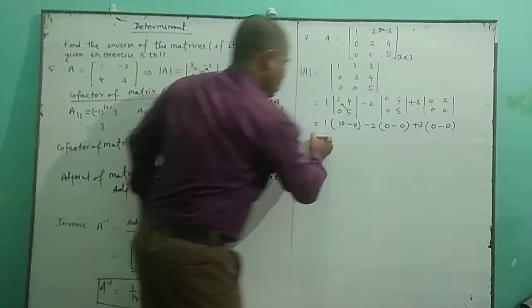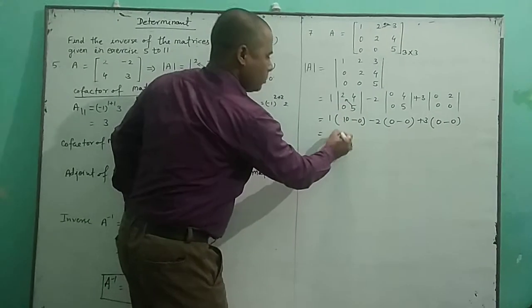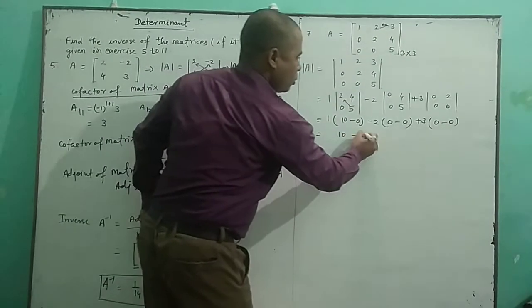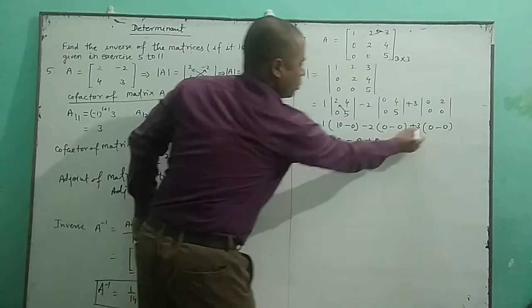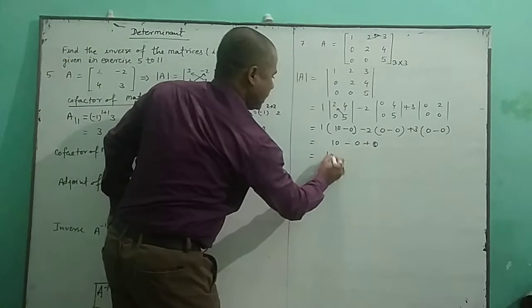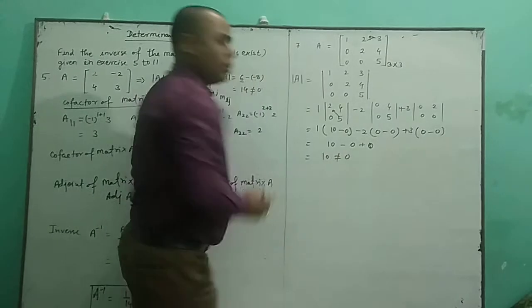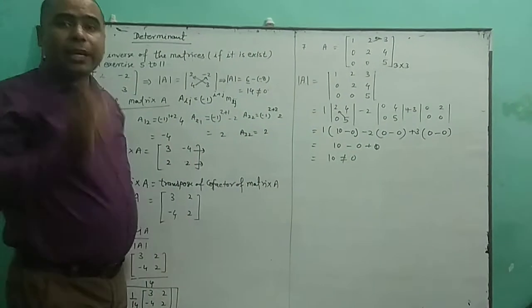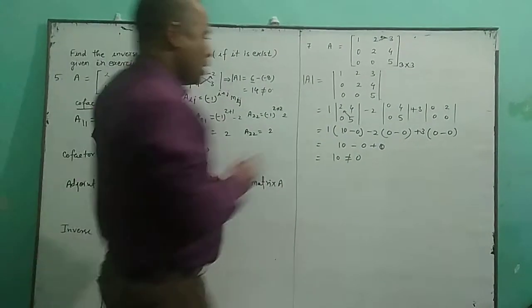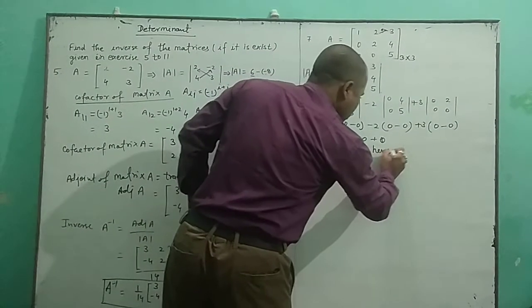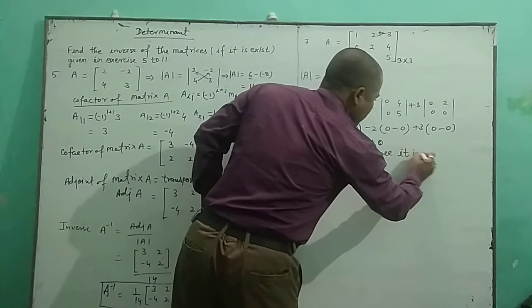Now 1 into 10 minus 0 plus 3 into 0 is 0, so 10. This is not equal to 0. It means we can find the inverse. Here we will write: hence it exists.